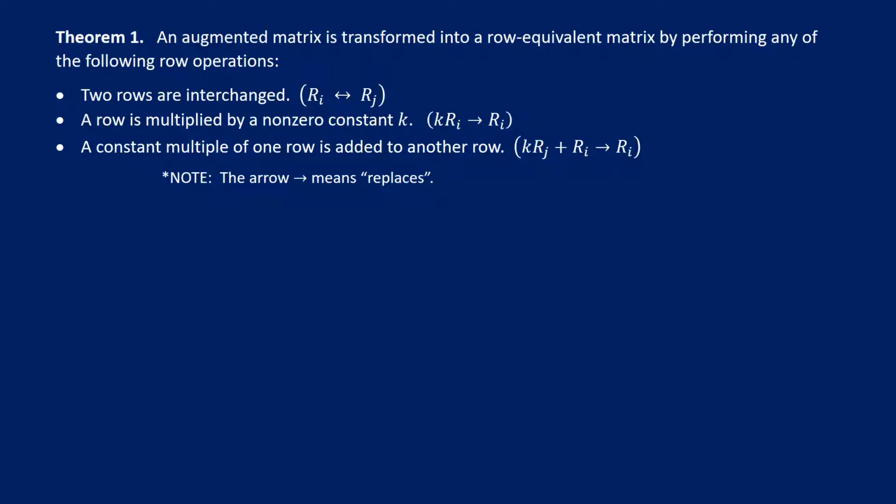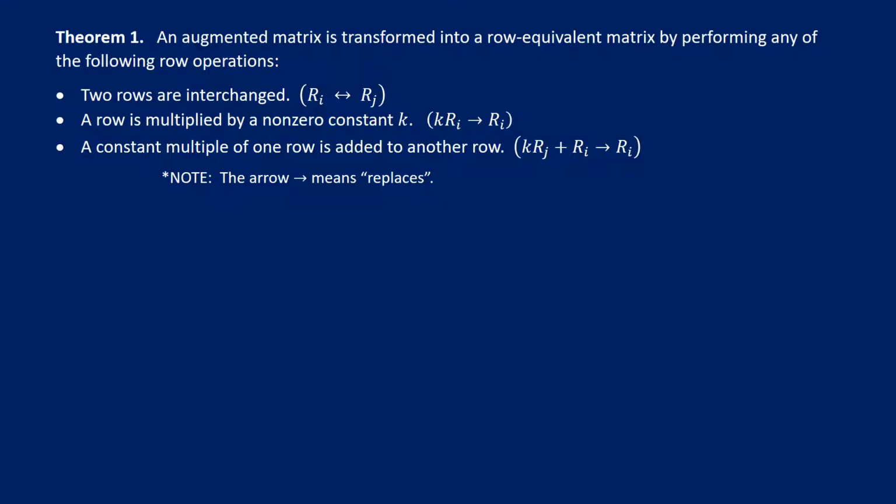Now, an augmented matrix can be transformed into a row equivalent matrix by performing row operations. One row operation that we can do is interchange rows. So we represent this by Ri interchange with Rj. The interchange is represented by a double-headed arrow.